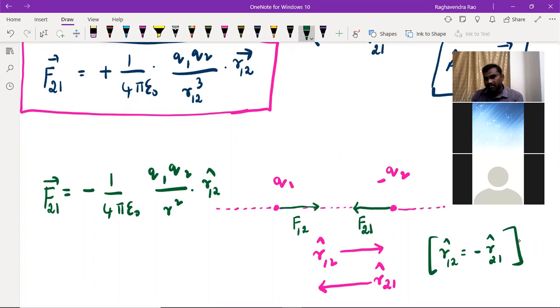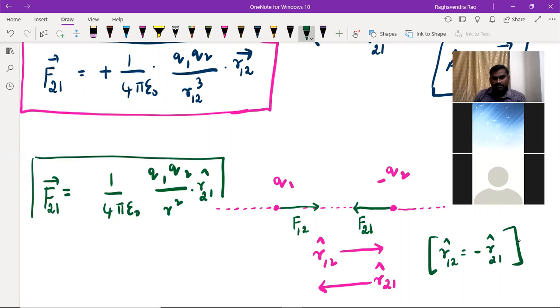Otherwise we can represent it as F21 being along the direction of R21 cap, without the sign.